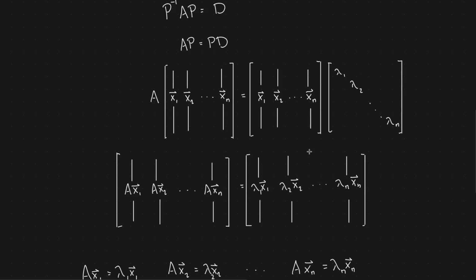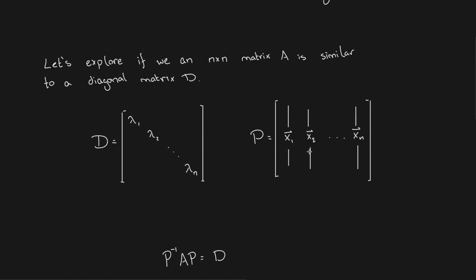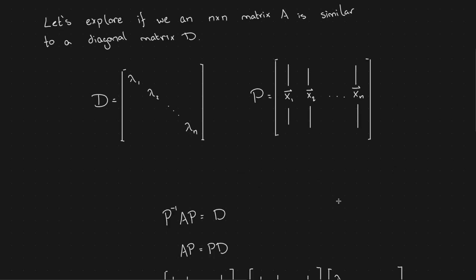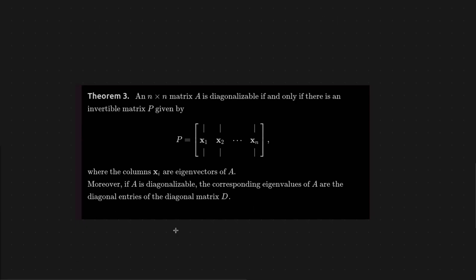So in order for a matrix to be similar to a diagonal matrix, the diagonal entries, those lambdas, must be eigenvalues of matrix A. And the columns of matrix P must be eigenvectors of matrix A. And so what this reasoning leads us to is the following theorem.